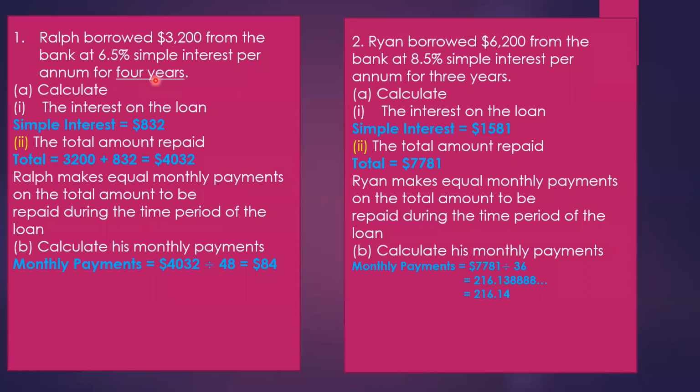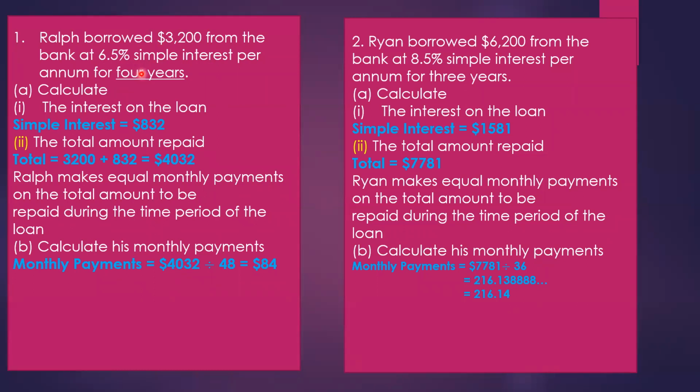The first thing you would do is cancel out the zeros from the 3,200, which leaves you with 32 times 6.5 times 4 all over 1. When you multiply 32 times 6.5, you get 2,080.